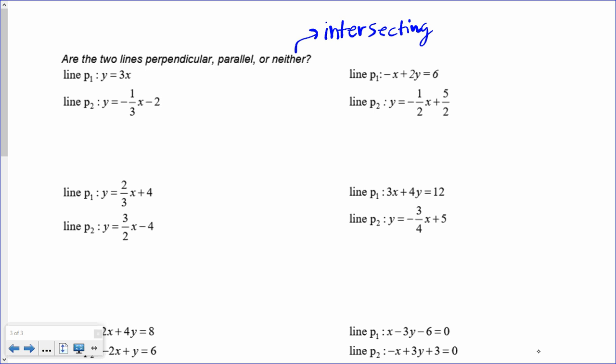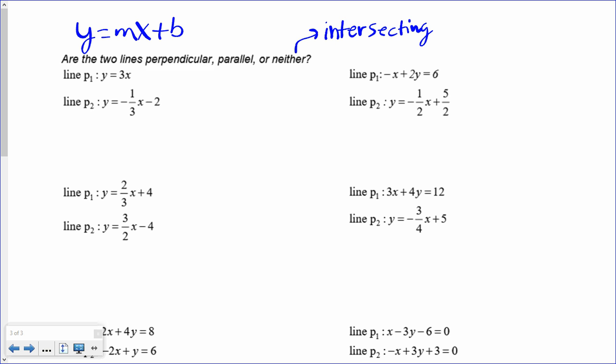So the strategy is to make sure that both equations are in slope-intercept form so you can really easily spot the slope and compare them. Sometimes your equations are already in slope-intercept form, sometimes they're not. Oftentimes they're in standard form. You have to solve for y to get it into slope-intercept form. Take a look at this one.